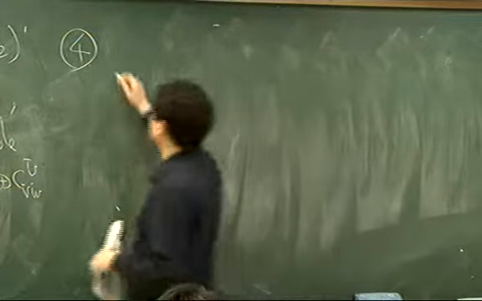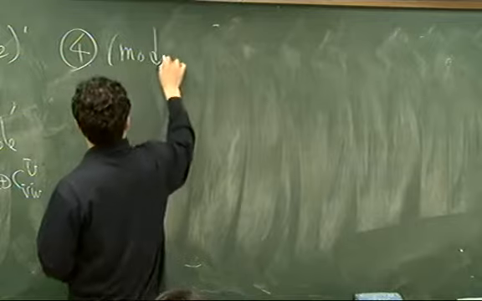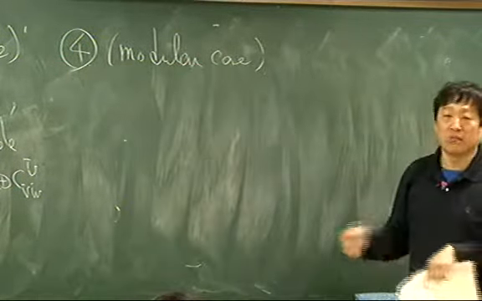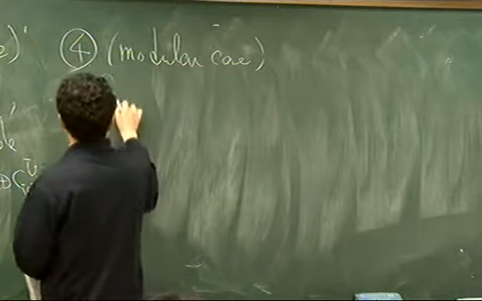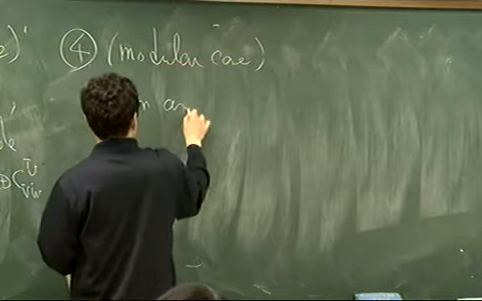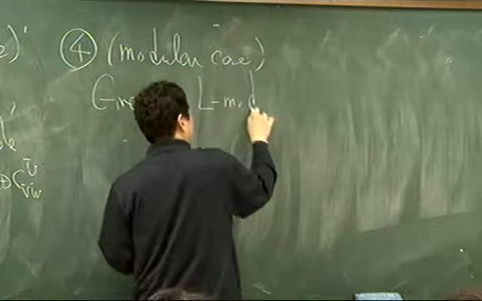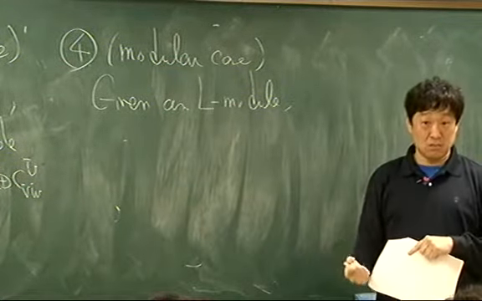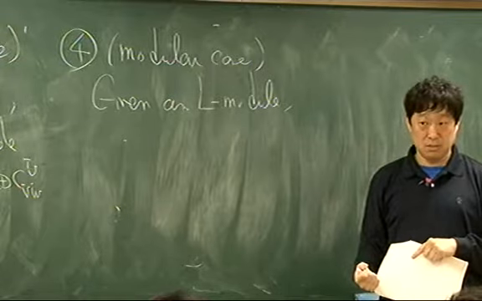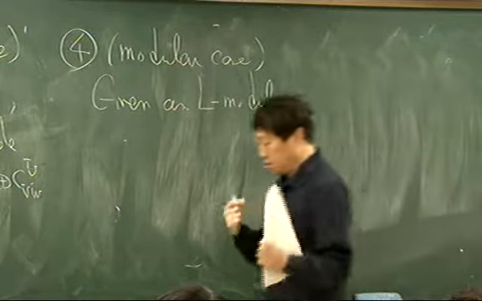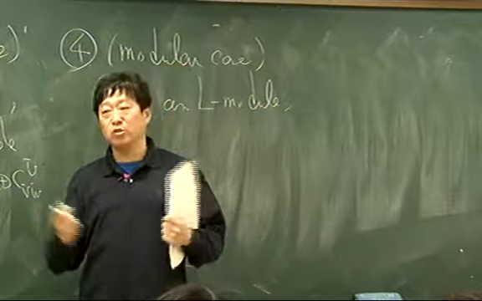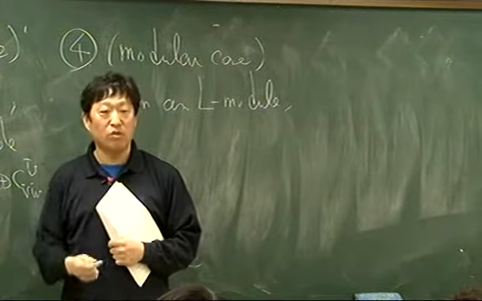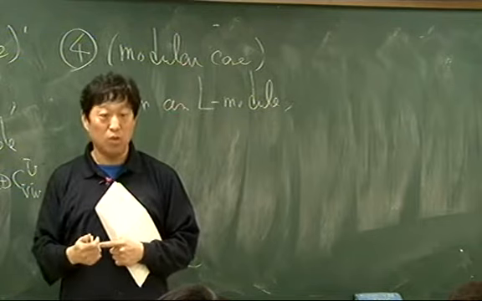So these are called the modular case. Still, given a representation, we would like to find the composition series. Composition series means a sequence of submodules whose quotients are all simple, or irreducible.